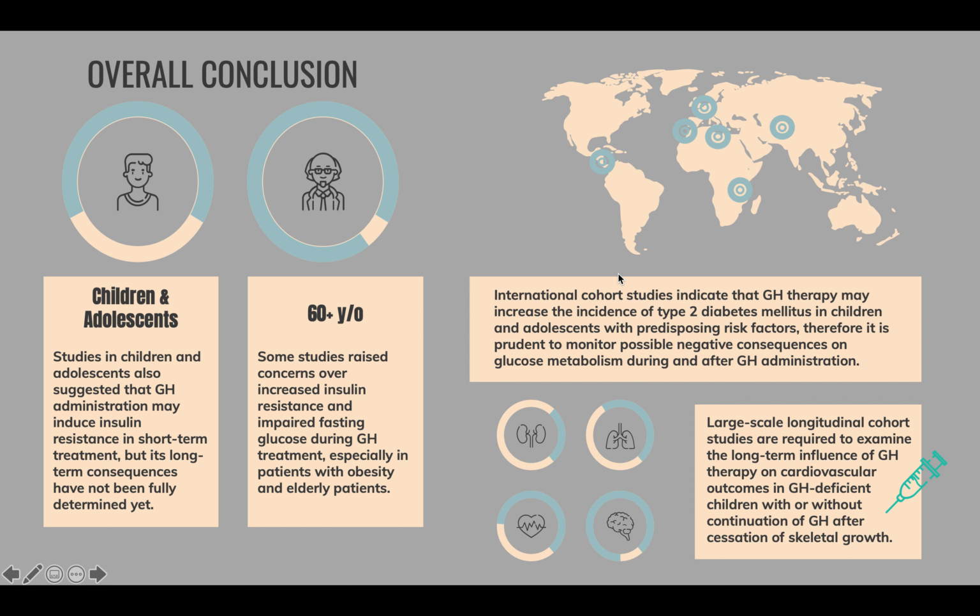And finally, large-scale longitudinal cohort studies are required to examine the long-term influence of growth hormone therapy on cardiovascular outcomes in growth hormone deficient children with or without continuation of growth hormone after cessation of skeletal growth.